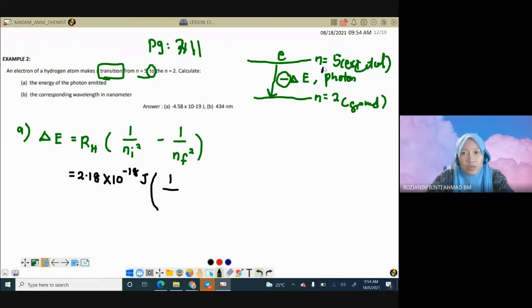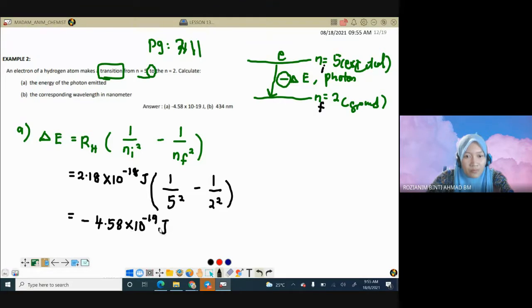So initial kita dekat atas, final kita dekat bawah. Okay, so initial kita adalah 5 to the power of 2 minus 1 over 2 to the power of 2. Okay, tolong saya tekan calculator. Is that we can get the similar answer in a negative 4.58 times 10 to the power of negative 19 joule? Same or not? Yeah. Yes.